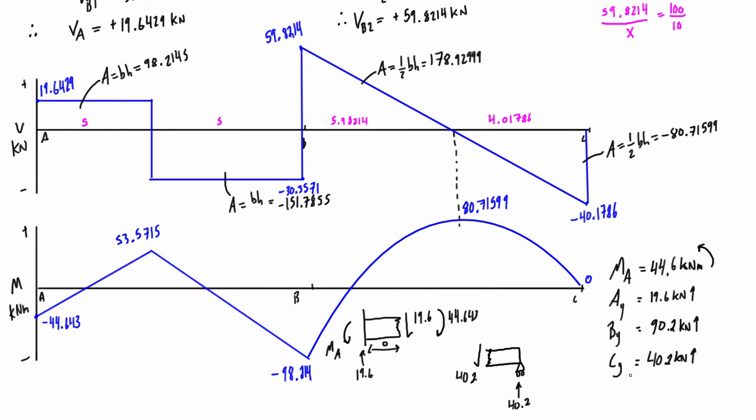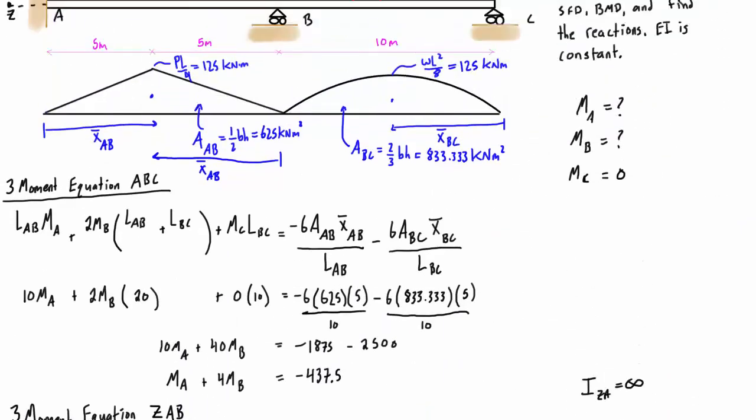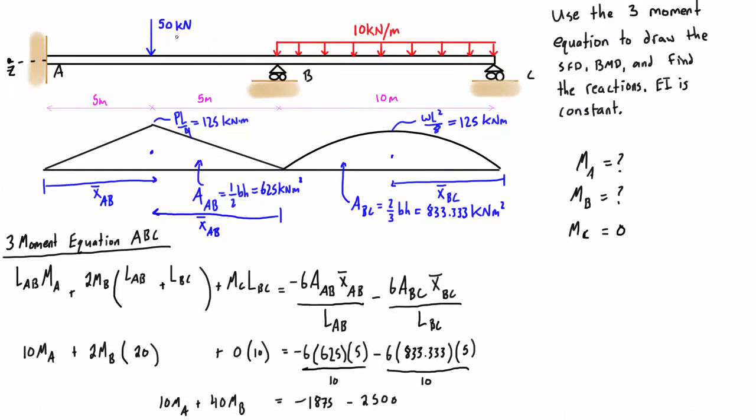All right, so the one last check that I would suggest doing is add up all of these forces that you have here. So 19.6 plus 90.2 plus 40.2, and you're going to find that the sum of the forces is equal to 150 kilonewtons going up. And when we look back at the original drawing of the problem, which was right here, let's look at all of the forces going down.